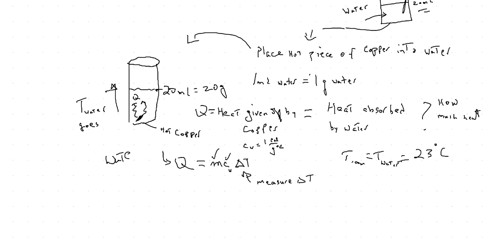Why is it going up? Because you have the hot copper in there. Okay. So let's say now the new temperature of the water is, I'll make this up, 30 degrees C. Okay. That means we figure out delta T would be 7 degrees Celsius.